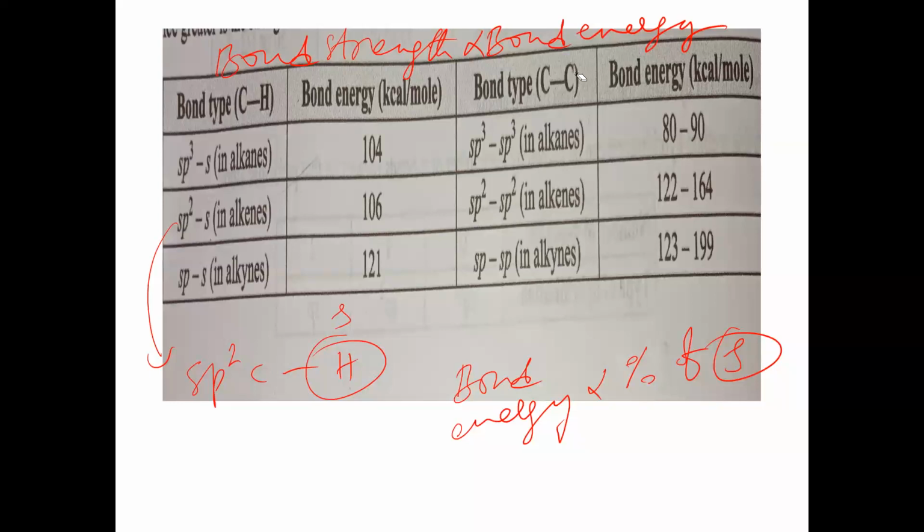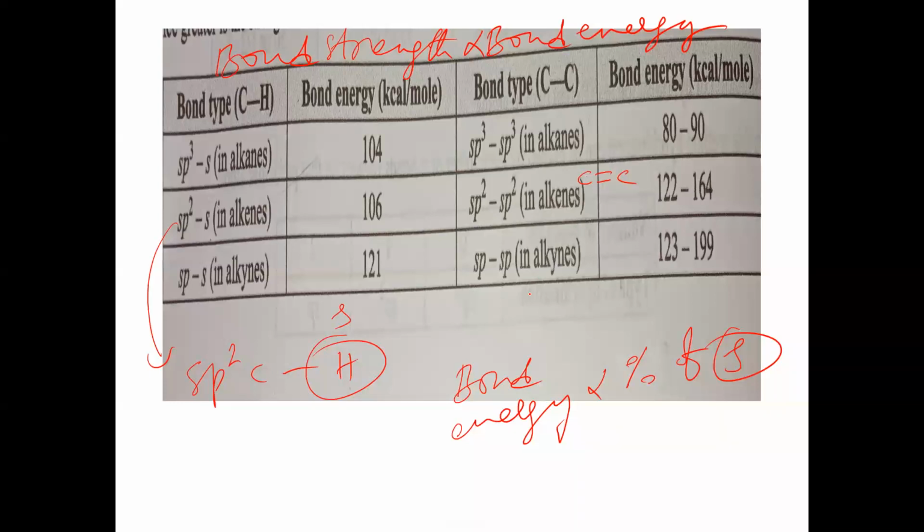Same thing for carbon-carbon bond energies. There are 3 types of carbons. For sp3 carbon in alkanes, if you want to break the bond, we have to supply 80 to 90 kilocalories per mole to break 1 mole of carbon single bonds in alkanes. And if you want to break 1 mole of carbon double bonds in alkenes, how much energy is required? 122 to 164 kilocalories per mole.